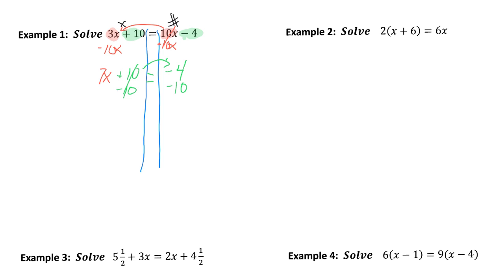Okay, so on the left, I'm left with 7x is equal to, and on the right, I have negative 14, if you plug that into your calculator. Now I have 7x is equal to negative 14. So now hopefully we know we just divide both sides by 7, and you're left with x is equal to negative 2.